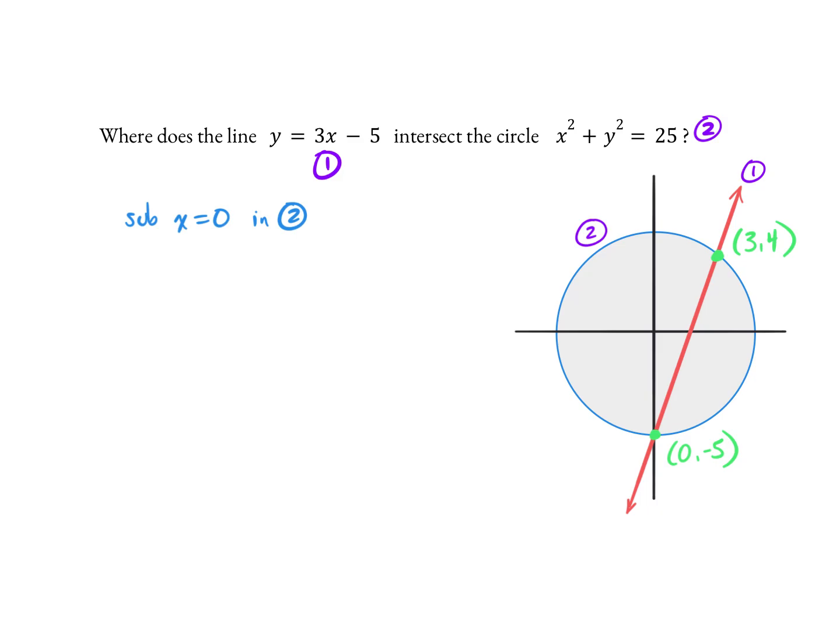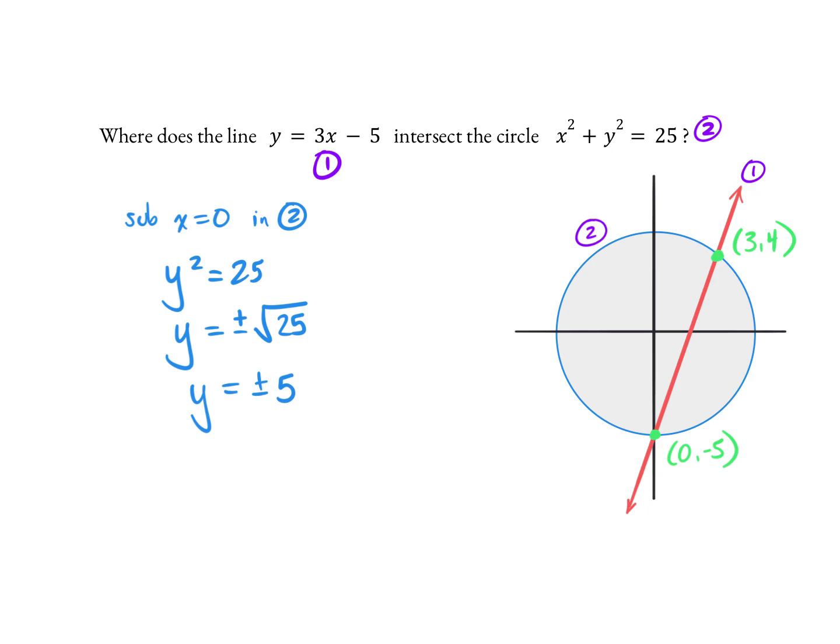If I replace my x with 0 in equation 2, then I get y squared equals 25. And when I now go to solve for y, I'm going to take the square root. As soon as I take the square root, I know that I could have 2 possible answers. And so notice when you solve that, we're going to get plus or minus 5.